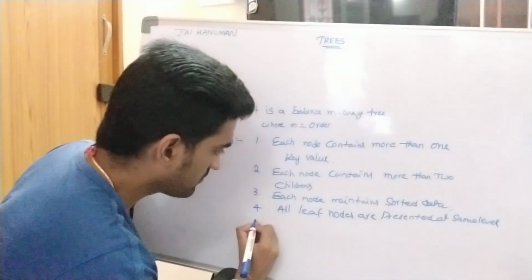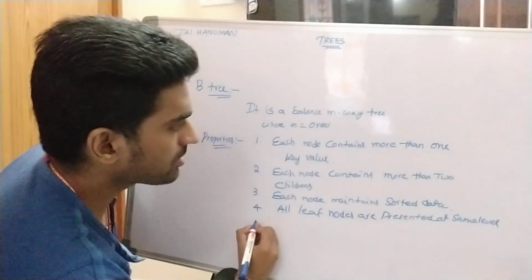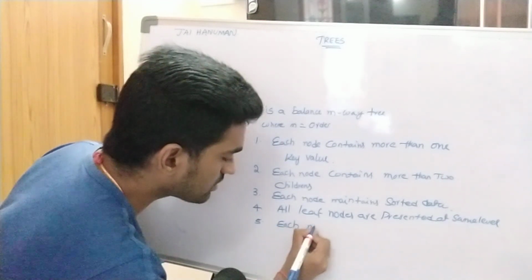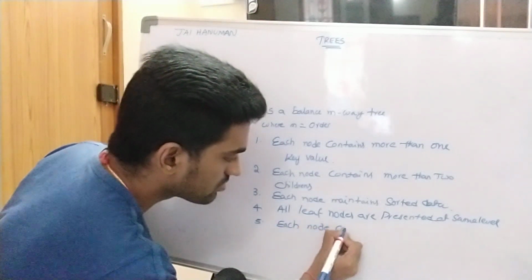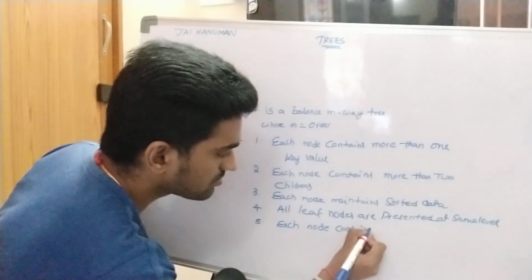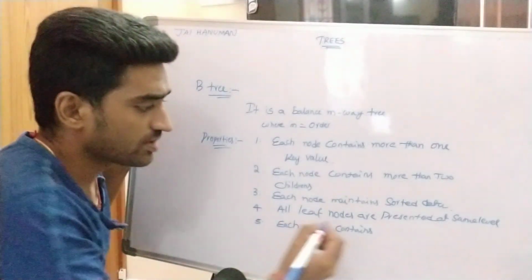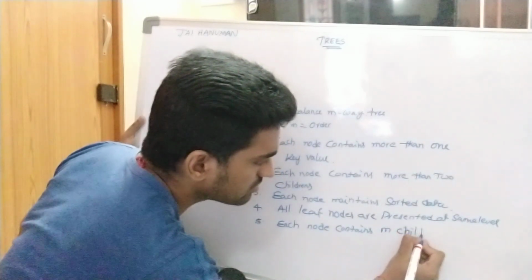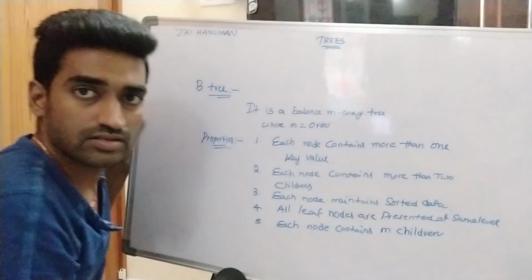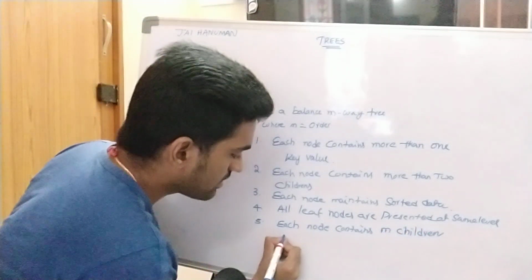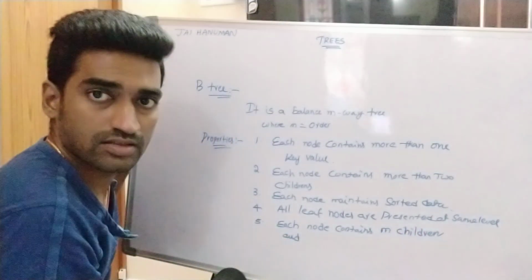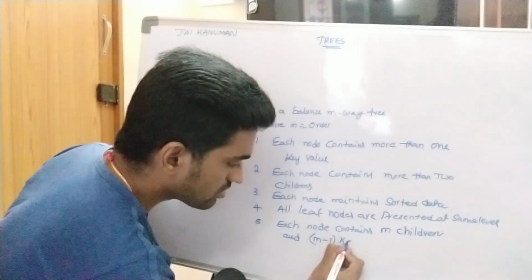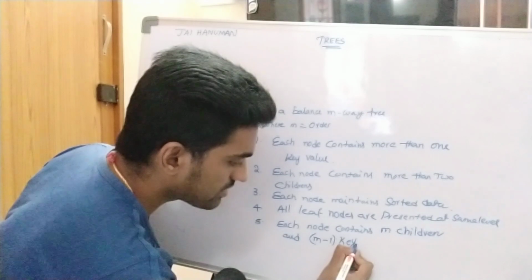Fifth property: each node contains m children and m minus 1 keys.